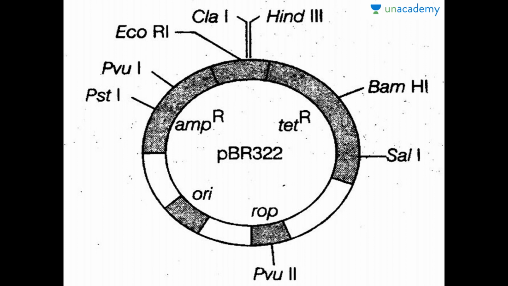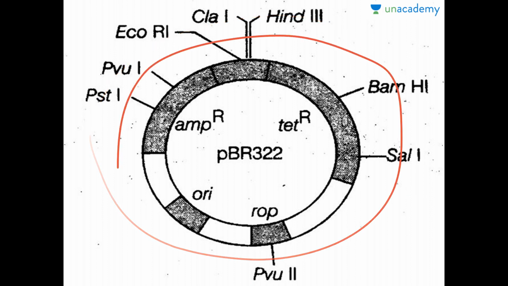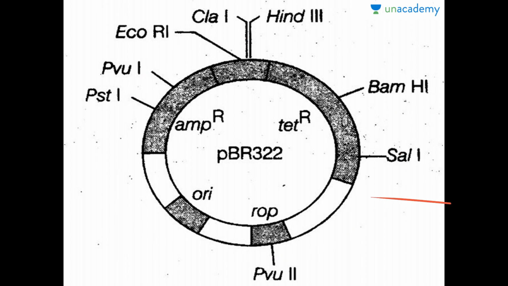This is a figure of pBR322. Here you can see BamHI, SalI, PvuII, PstI, PvuI, EcoRI, HindIII. These are all restriction sites, where restriction enzymes can work on this vector DNA.